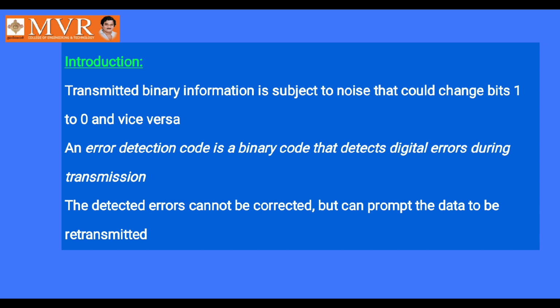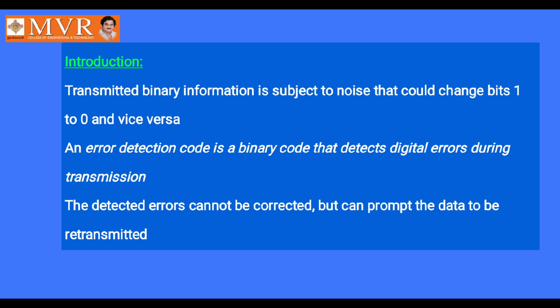Otherwise, if we are sending some data and the receiver is receiving different data, definitely a mismatch of data occurs. This is called an error. So how to detect an error, how to identify an error, we will see in today's session.